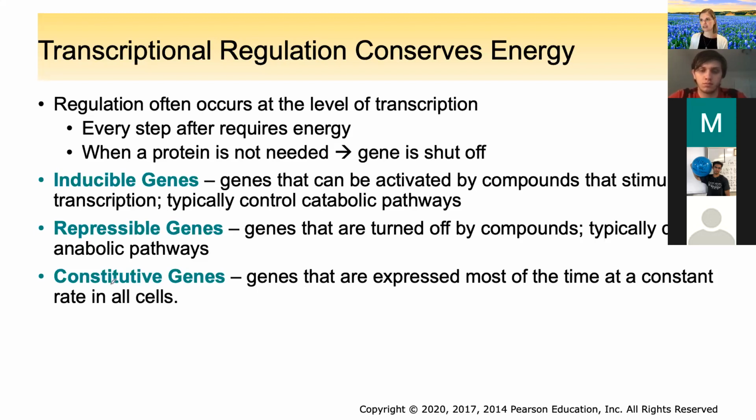And so here are those new vocabulary words. These are not currently on a learning guide, so I just wanted to point that out to you all. These inducible genes are ones that can be activated. So if a cell decides, oh, I do need to make X protein, there are certain other compounds available in the cell that will activate it.